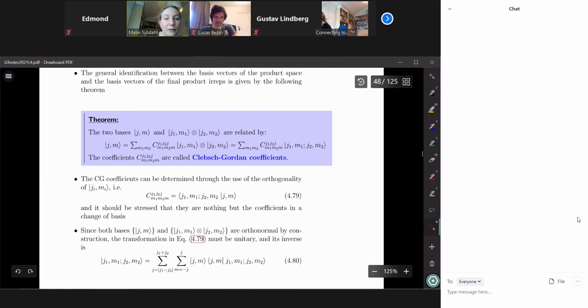And then we have a coefficient. So this is the Clebsch-Gordan coefficient that depends on the total J, the J of the first starting representation and the J of the second starting representation, and of all the M's. So the total M from here and the M's that we pick out in the respective starting representations.